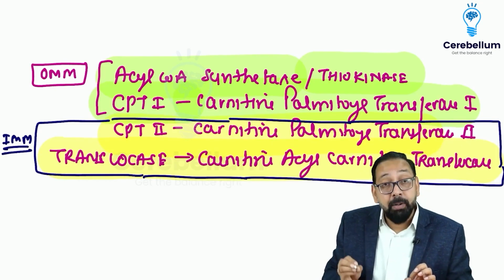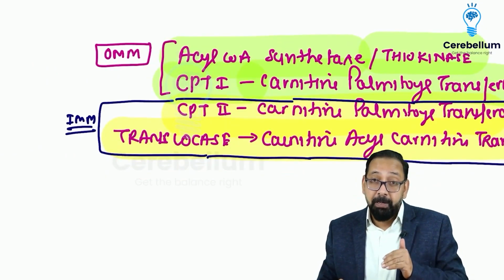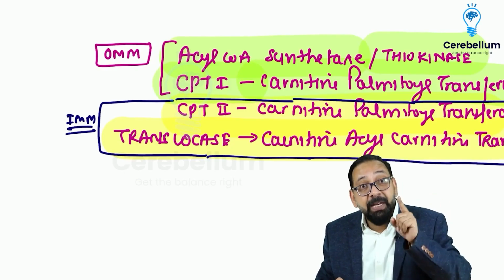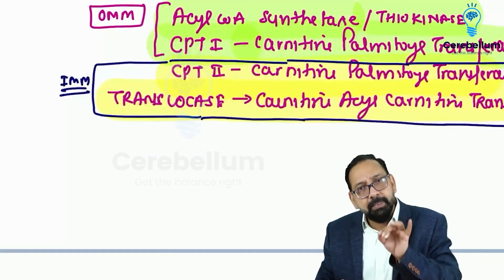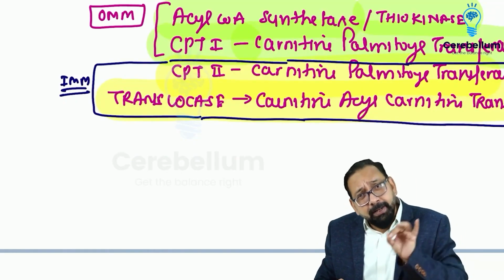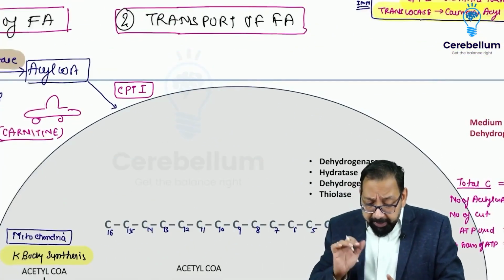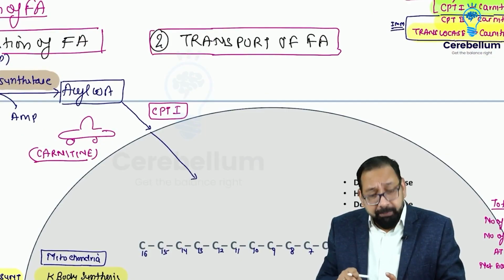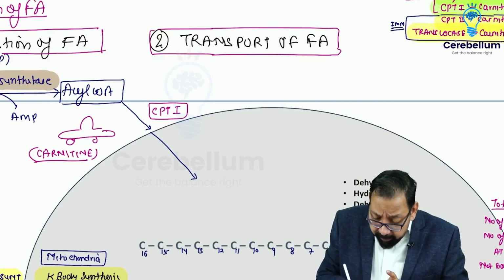How will you remember that translocases are present at the inner mitochondrial membrane? We have discussed in the electron transport chain that ADP ATP translocase is present at the inner mitochondrial membrane. In the same way, carnitine acyl carnitine translocase is also present at the inner mitochondrial membrane. Now this palmitic acid entered the mitochondria with the help of CPT1, carnitine, CPT2 and translocase, and CPT1 is important.